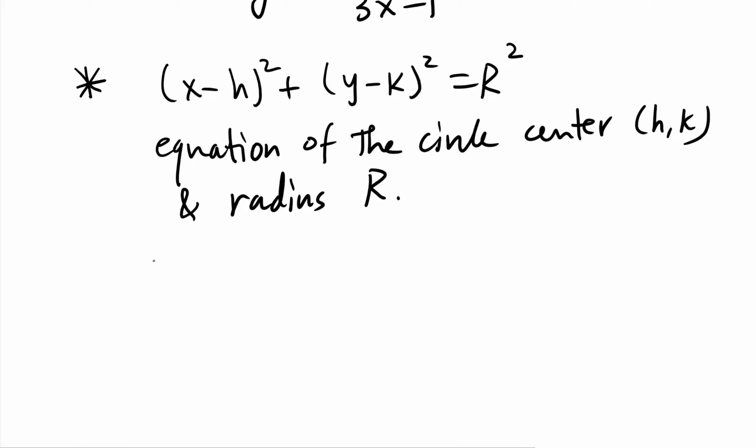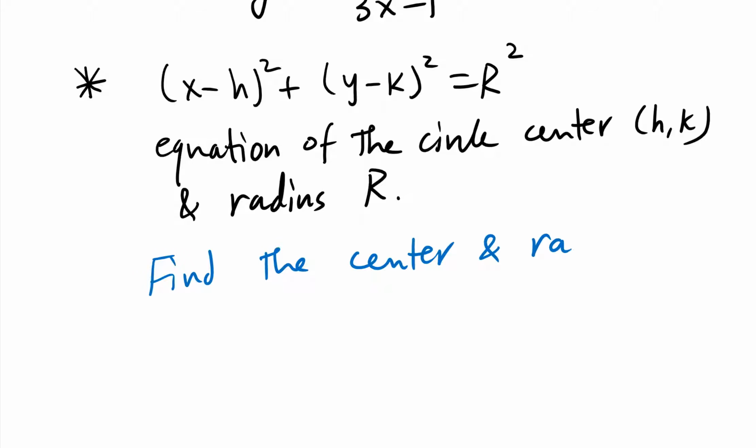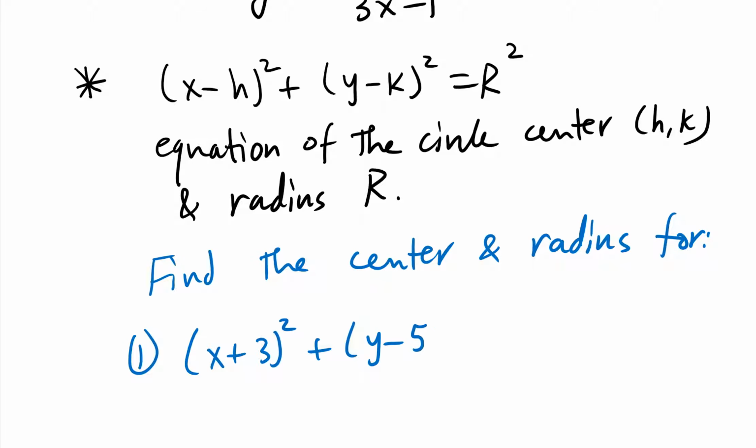So we can ask you to find the center and radius for x plus 3 squared plus y minus 5 squared equals 81.